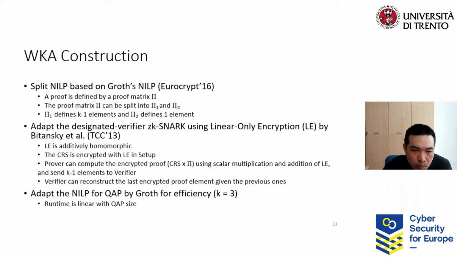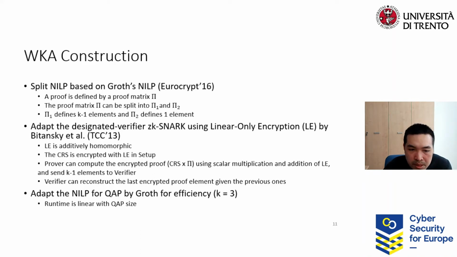To construct Witness Key Agreement, we first define the notion of split non-interactive linear proof based on Groth's non-interactive linear proof. In NILP, a proof is defined by a proof matrix pi. In split NILP, we simply split the proof pi into pi 1 and pi 2. So pi 1 now defines k-1 elements of the proof, and pi 2 defines the last proof element.